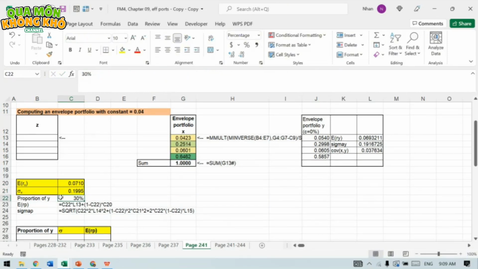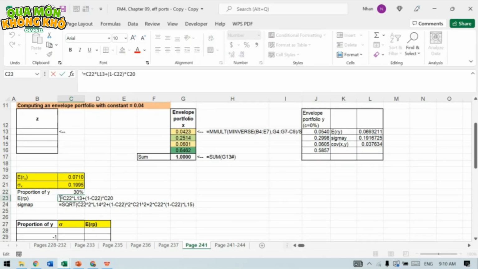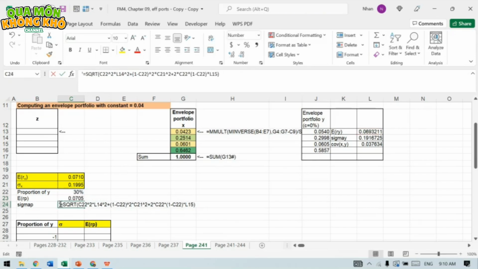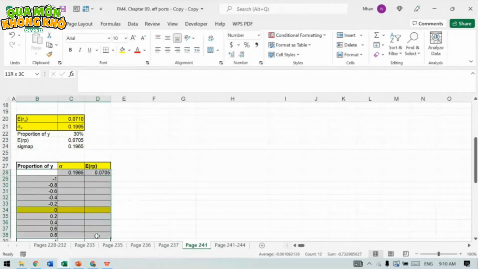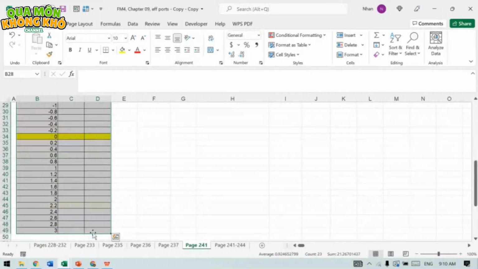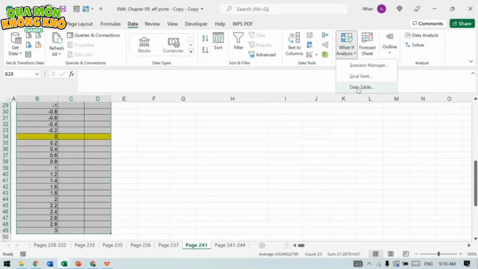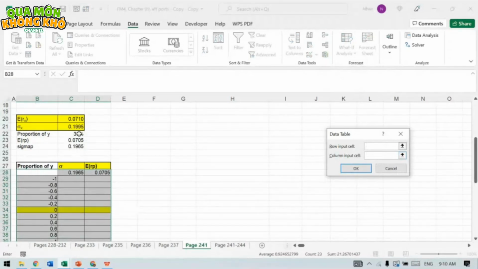So here I give the proportion of Y as 30%, and then I calculate the expected return of the portfolio and the standard deviation of the portfolio, and just use the data table to find the standard deviation and the expected return of the portfolio P with the various proportions of Y. So here, data table, and I type the column input cell.